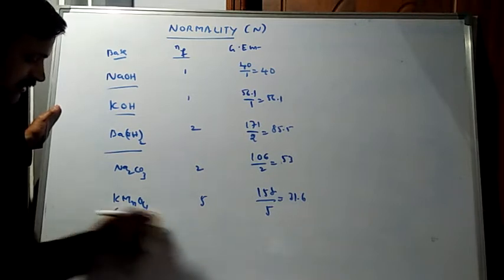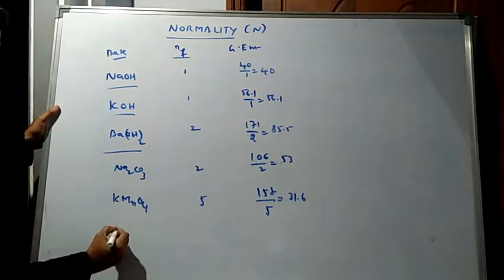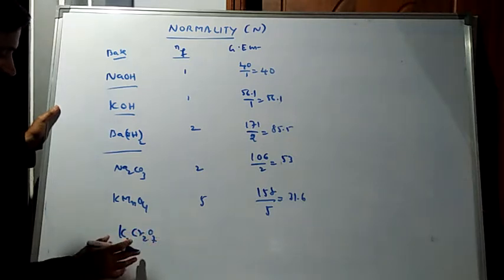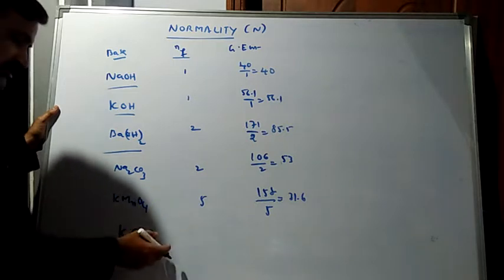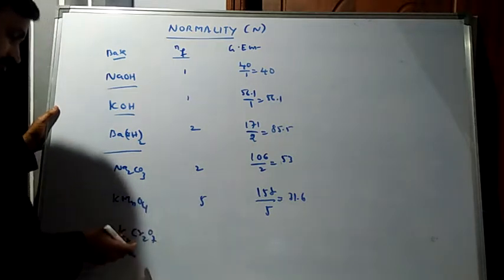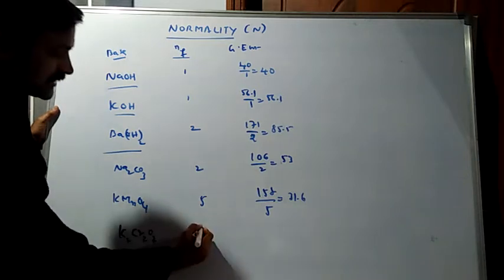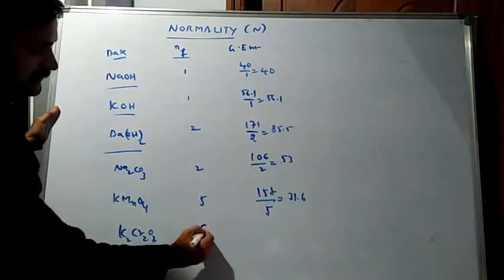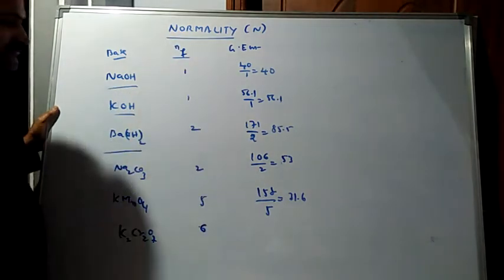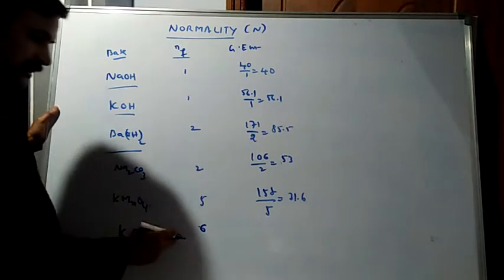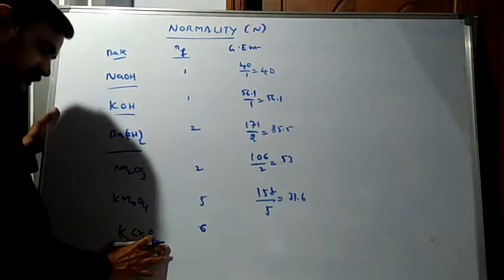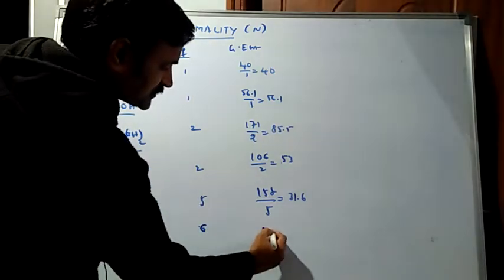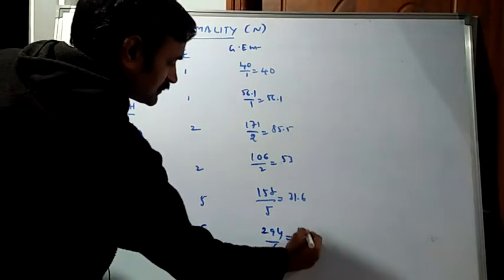In the same way, if you see another kind of volumetric titration, dichrometry, K2Cr2O7, here chromium changes from plus 6 to plus 3. So 3 electrons are changed per chromium. With 2 chromiums, 6 electrons are transferred, and that is the N factor. So the molecular weight of potassium dichromate, 294, divided by 6 is 49.